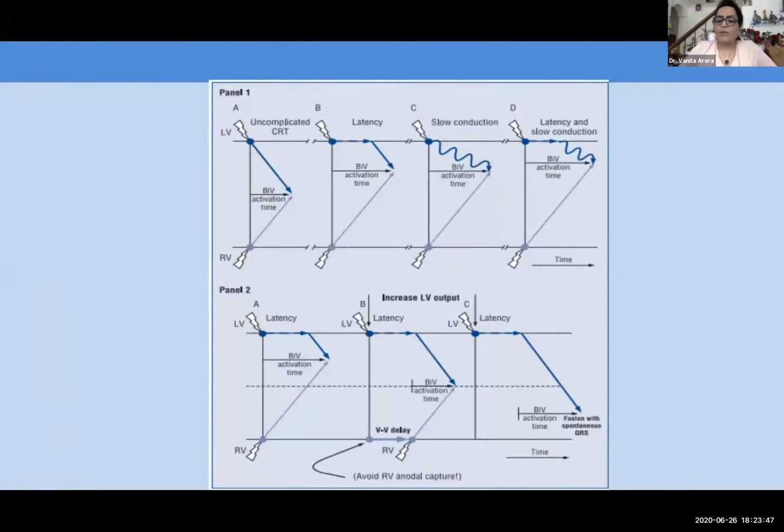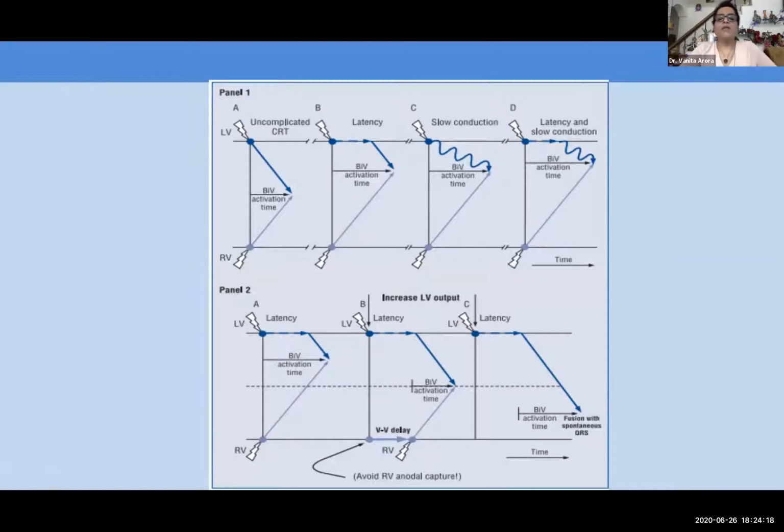A word about the latency and the slow conduction of the wavefront that we so commonly talk about. In case we have a biventricular activation, both LV and RV forces are equal. We are pacing both of them at the same time, but LV is the myocardium that we require to pace first. So the biventricular activation time is good. But latency occurs very commonly with LV pacing.